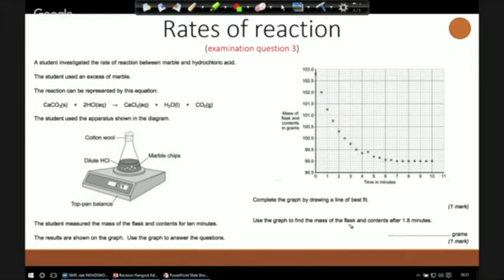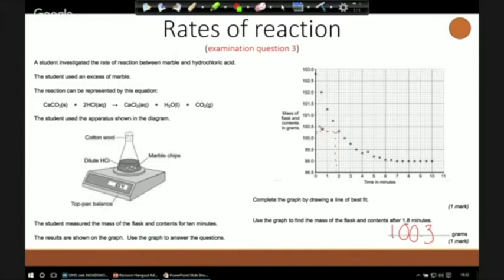Secondly, use the graph to find the mass of the flask and contents after 1.8 minutes. Well, we've got our time in minutes here. 1.8 is around about here. So we're looking at a number around about 100.3, something like that.